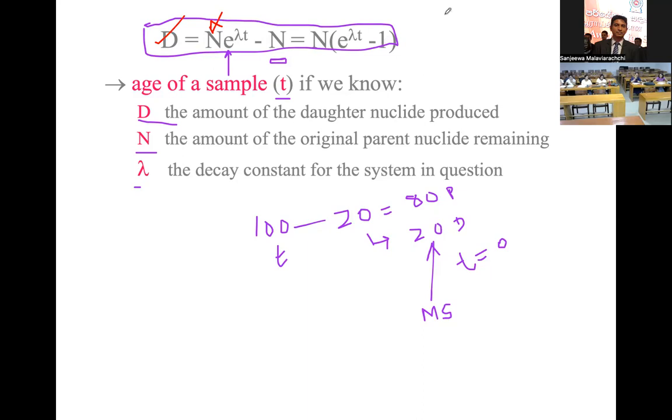So we have the present day parent amount, number of nuclides, and we have present day daughter nuclides, and we know the decay constant as well. And what is unknown is this n and the original ratios, n and t, right?